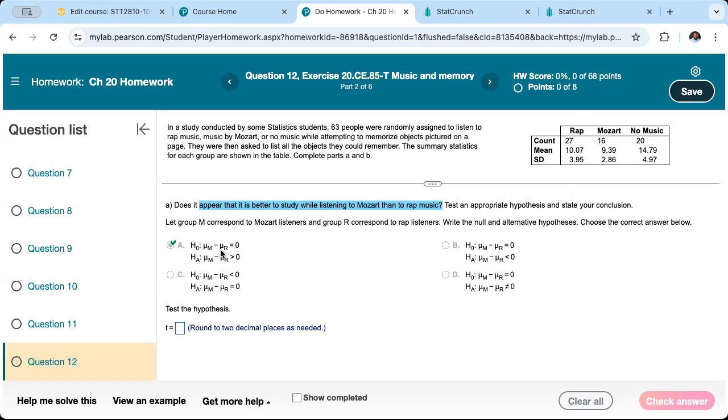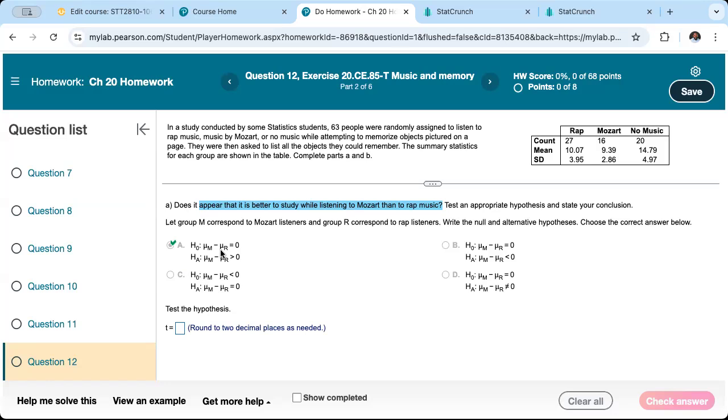So let's try to see if we can get the test statistic. Before I do that, I'll write my n1. My n1 is 16. My x bar 1 is 9.39.